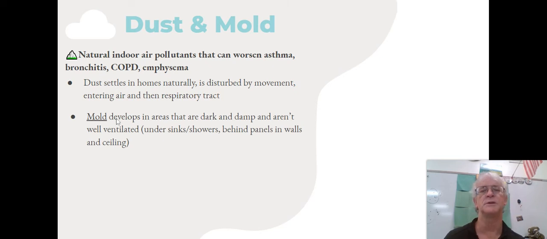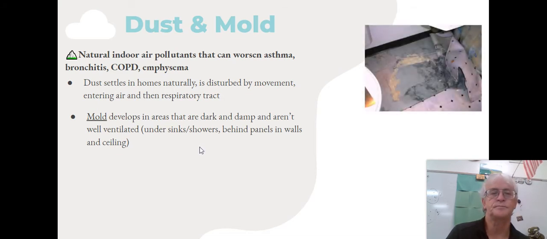Mold develops in areas that are dark and damp and aren't well ventilated, under sinks, showers, behind panels. Sometimes if we have severe rains, for example, El Nino, it can seep down into the house and develop really nasty mold, either underneath or up in the attic.